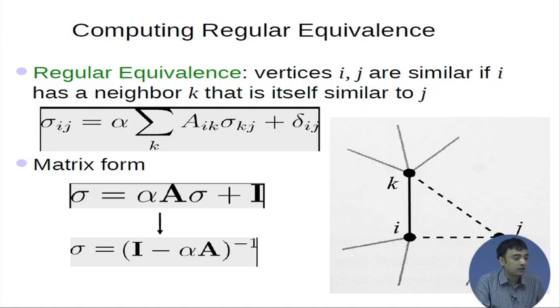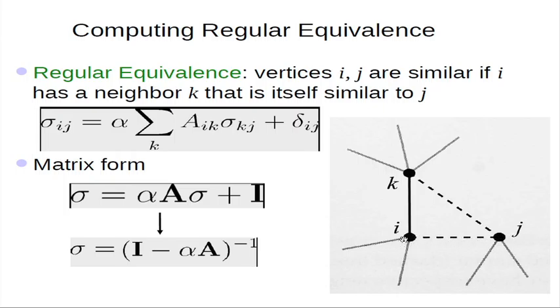Okay. Now, this can again be quantified as we did for the PageRank definition. So, regular equivalence, for instance, again take the example of this small graph here in the slides. Suppose we wish to find out the regular equivalence between a pair of nodes i and j.